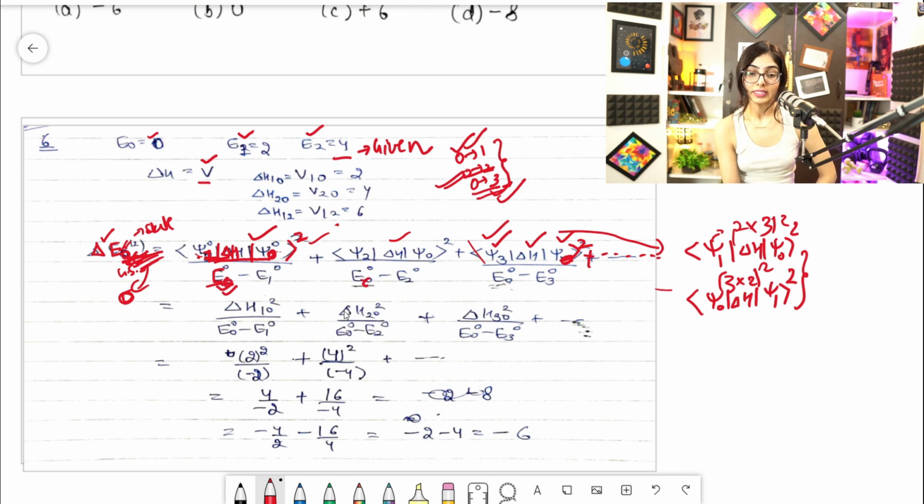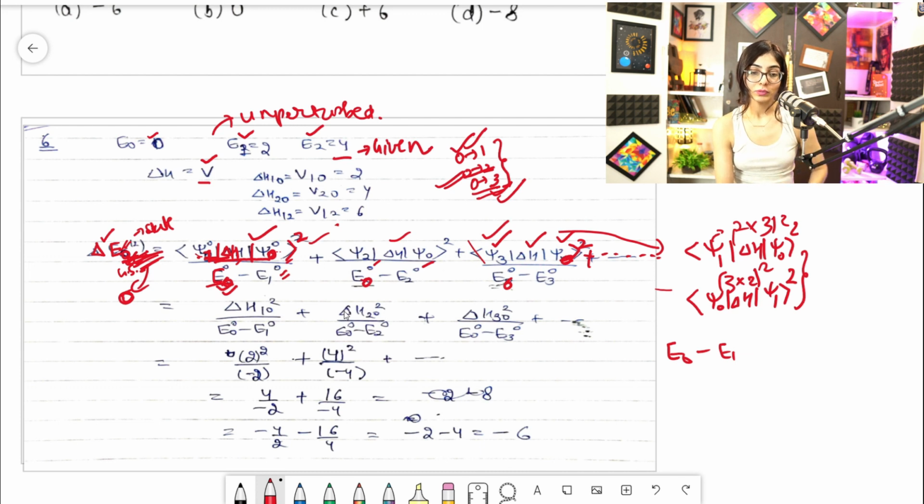E0 and E0. So the original state will be the same everywhere. Even if you write E0 minus E1, that would be the same only. E0 minus E1 means the original state, the unperturbed state, which the examiner already talked about. Clear?